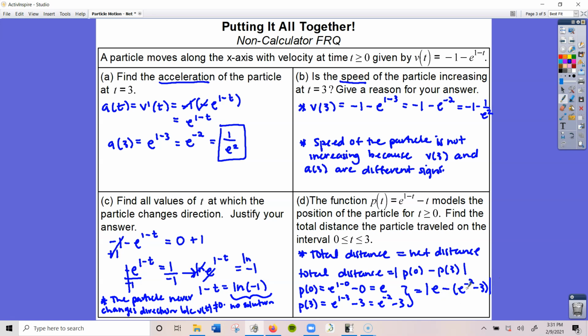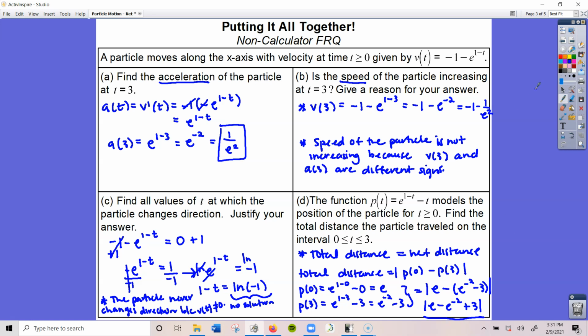And you can leave your answer like this, or you can distribute that negative, and it would be e minus e raised to the -2 plus 3. And you can also rewrite this negative exponent as 1 over e squared, or leave it like this would be fine as well. And this would be your total distance.